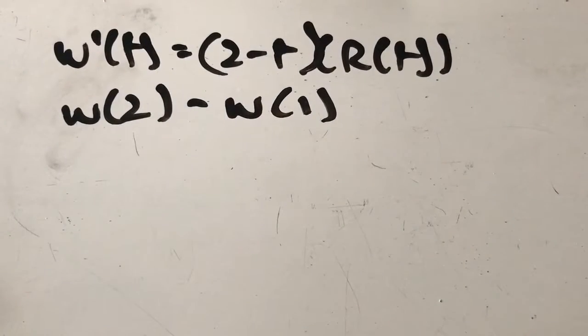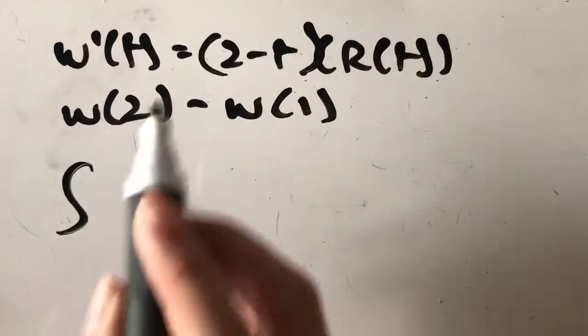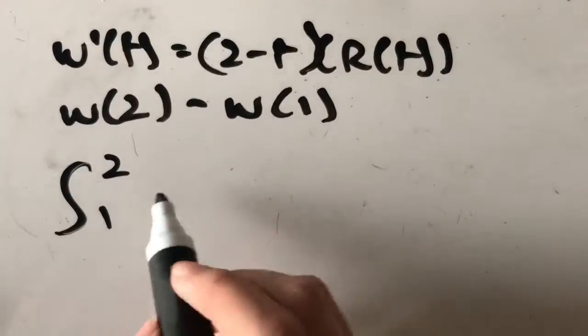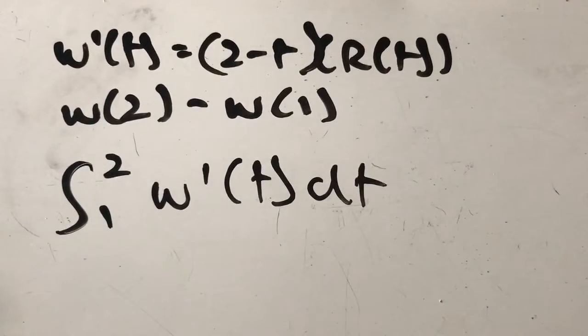And because we know that w is the antiderivative of w prime, we can rewrite w of 2 minus w of 1 as the integral from 1 to 2 of w prime of t. And because we're given w prime of t, we can just put it back into the integral.